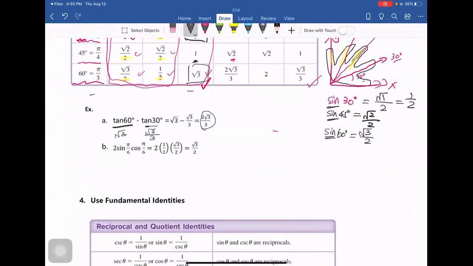So the value should be 2 times square root of 3 over 3. Next, 2 times sine pi over 6 times cosine pi over 6. Sine pi over 6 is sine 30 degree. That's 1/2. And the cosine pi over 6 is square root of 3 over 2. That equals square root of 3 over 2.